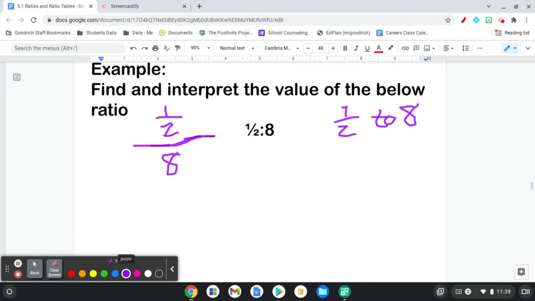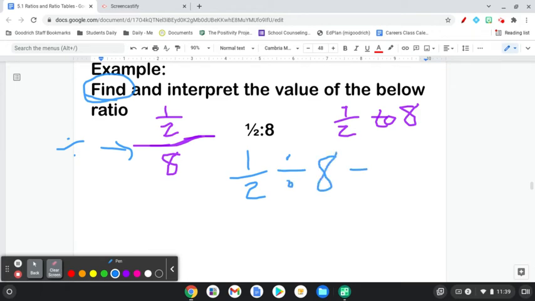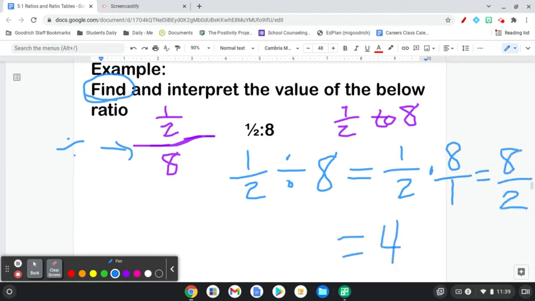Now, what this means is it says find the value. Find the value means how much is this ratio overall? Well, remember that fractions really mean division. So what I can do is say 1/2 divided by 8, which we know by dividing fractions, we multiply by the reciprocal. So we really get the value of 4.